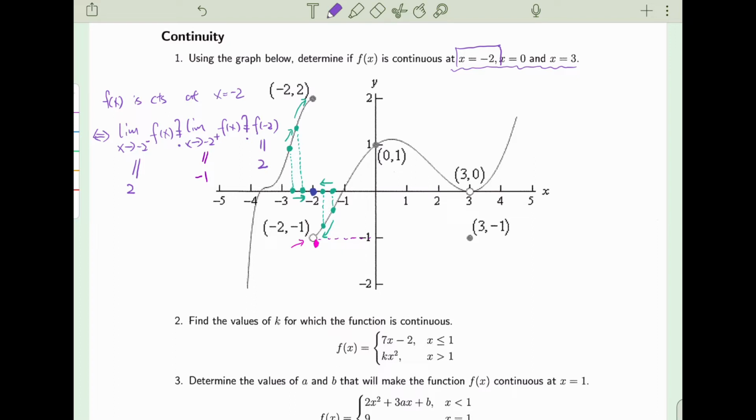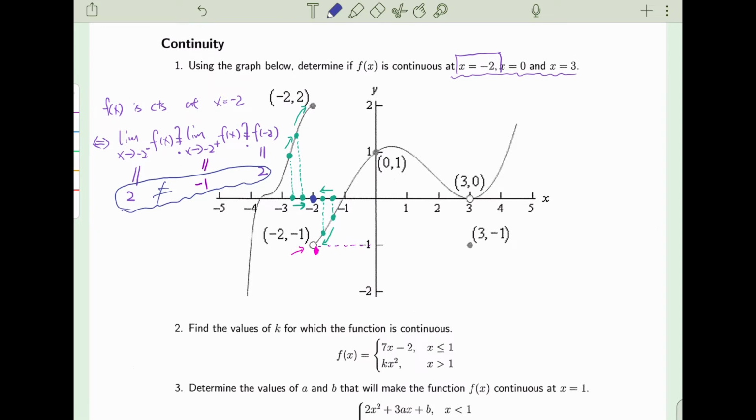And we can see that of these three things, only two of them are equal, right? The left limit is not equal to the right limit. And therefore, f of x is not continuous at the point x equal to -2 by the definition. So I will put a cross here, meaning that f of x is not continuous at this place. Okay, so that is how we start.